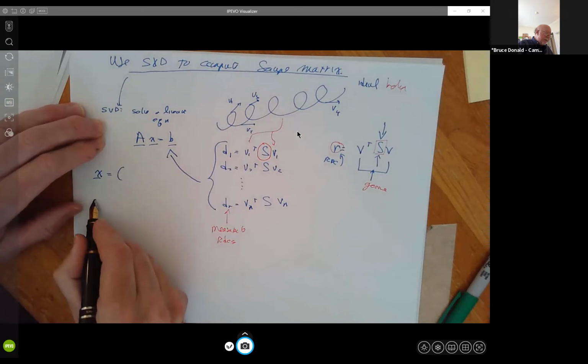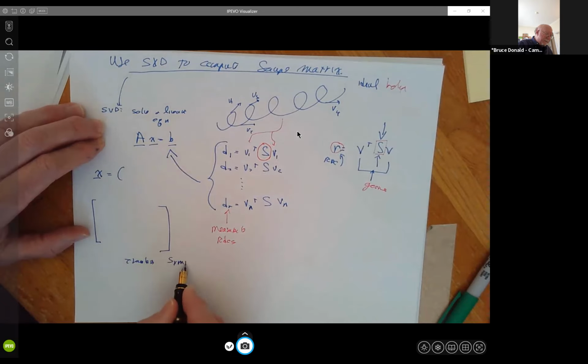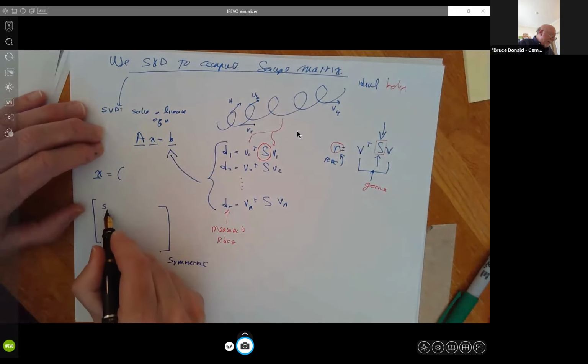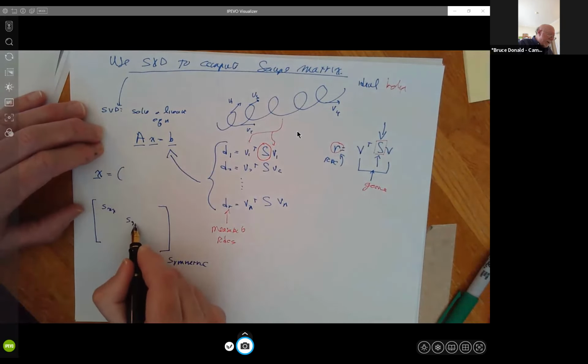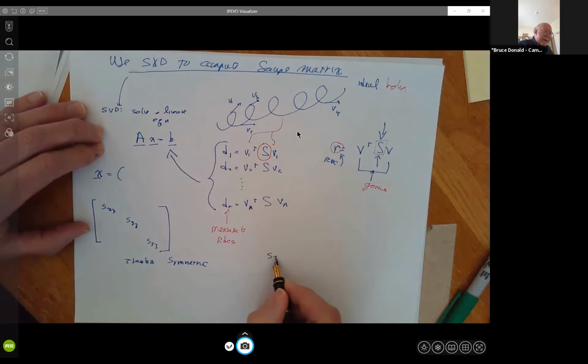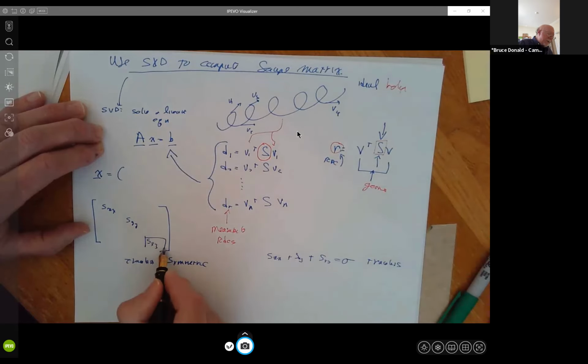Let's look at our alignment tensor, right? So our alignment tensor is traceless and symmetric. So it means that the entries here, SXX, SYY, this one will be known because it has to sum to these things. So I have SZZ. So I have to have SXX plus SYY plus SZZ equals 0. This is what it means to be traceless. So I don't need to include that one.